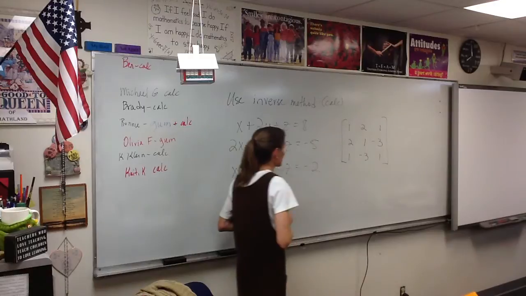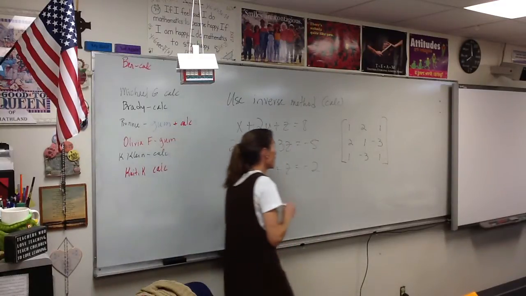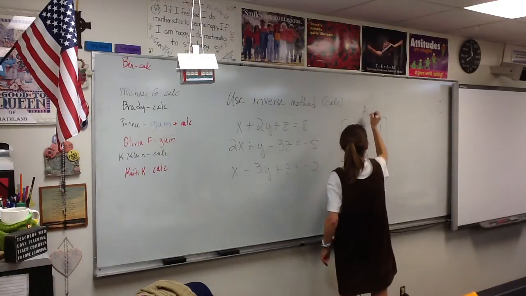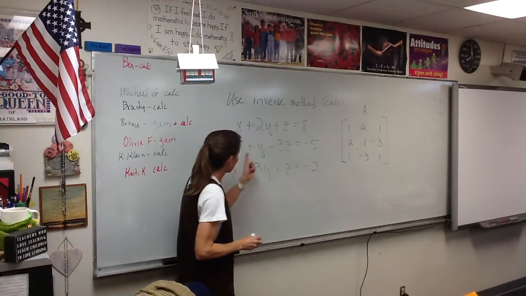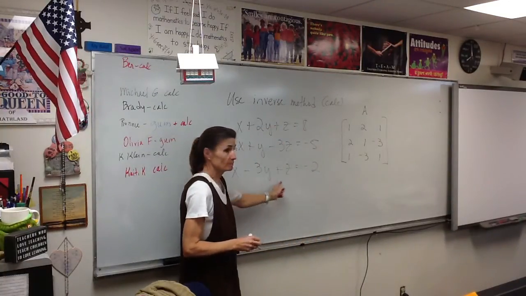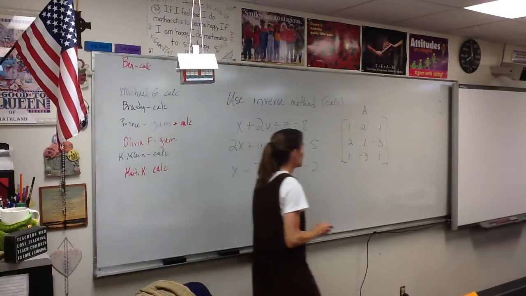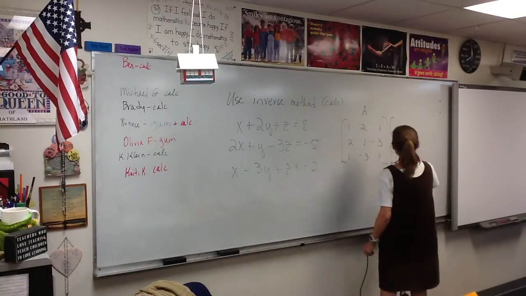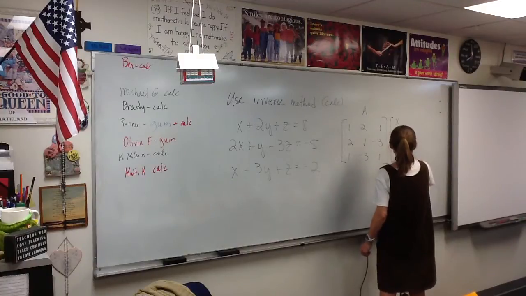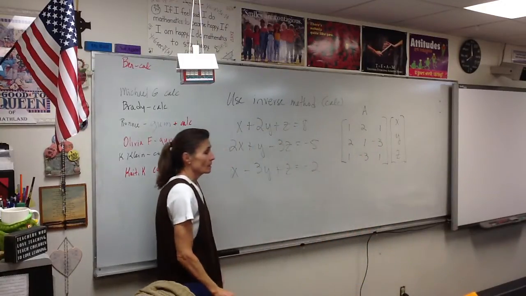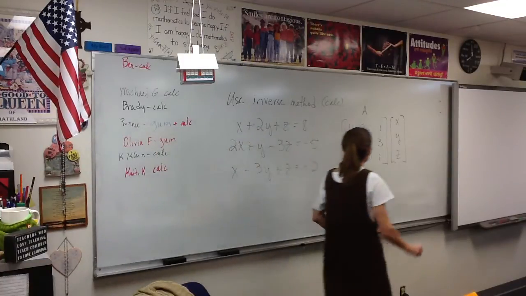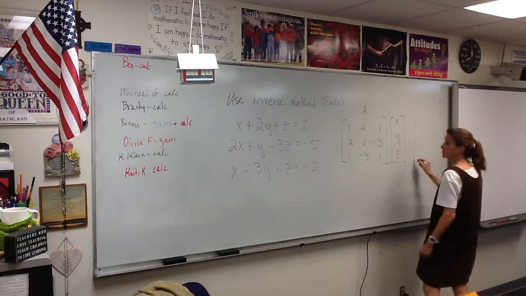So there's the matrix of coefficients. I'm going to call that matrix A. Just the coefficients. Everybody see where I got those numbers? There is a matrix of variables. And then there is a matrix of constants.